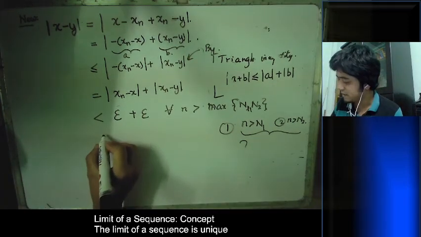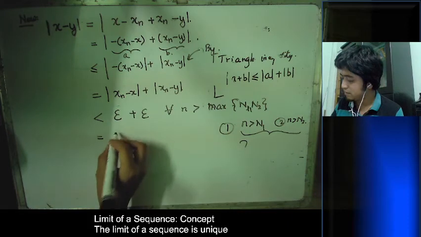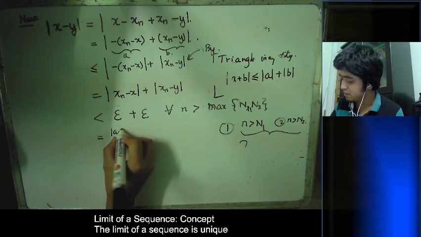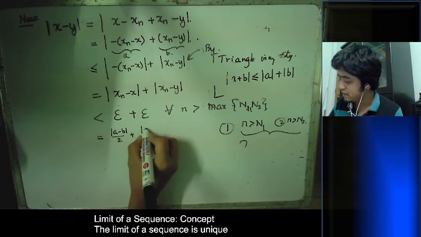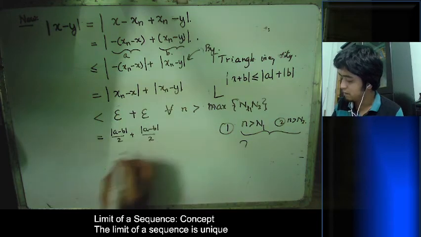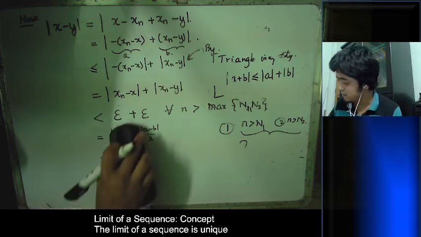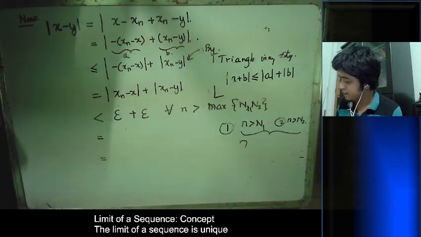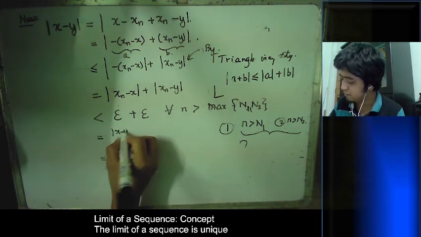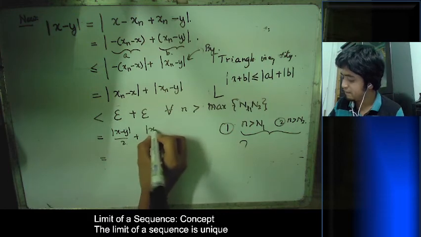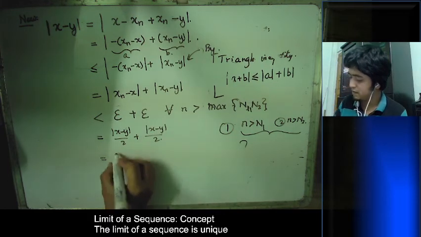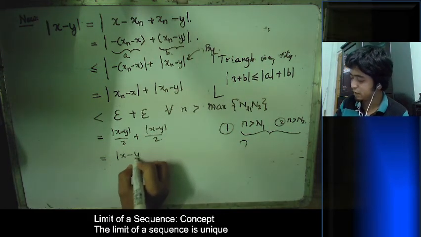So this is actually equal to epsilon plus epsilon, which is (x minus y) by 2 plus (x minus y) by 2, which is x minus y. I made a mistake earlier. Epsilon, if you notice from the very beginning, we had taken it to be (x minus y) upon 2.